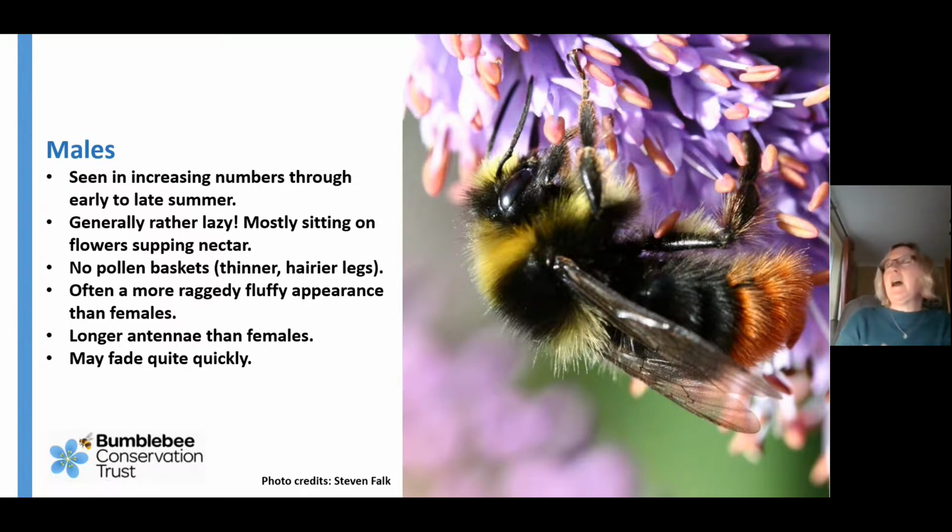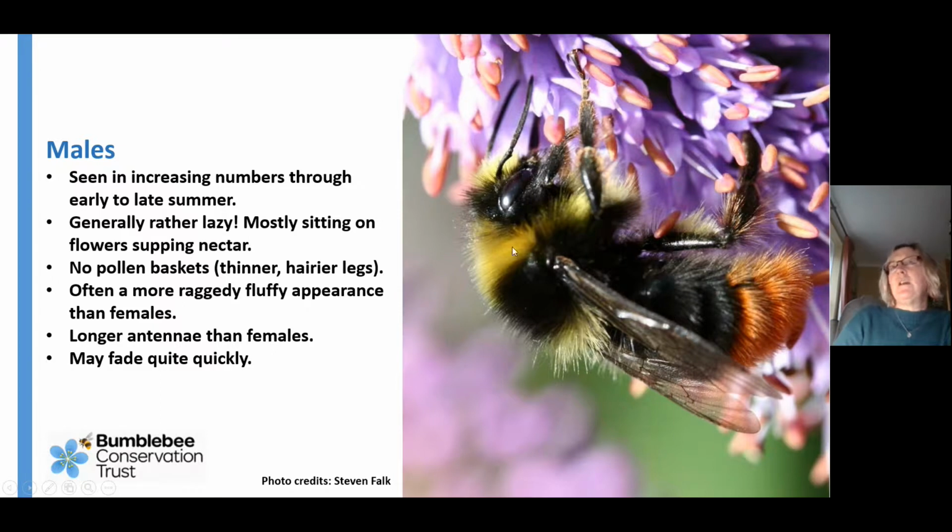They might be within a group of males, nectaring on flowers, particularly some of the composites such as knapweed. Their legs don't have the pollen baskets on the tibia, on the hind legs, so their legs tend to appear more spindly, and they don't have the shininess on the hind tibia either.